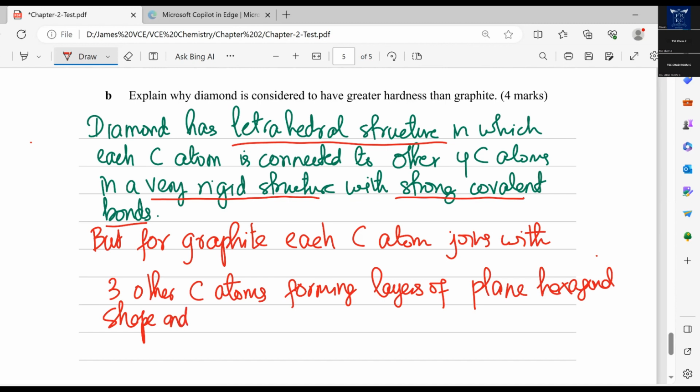And the forces between them, the planes, are weak intermolecular forces. So this generally tells you that since it is weak, it is a weak structure. This is a hard structure.